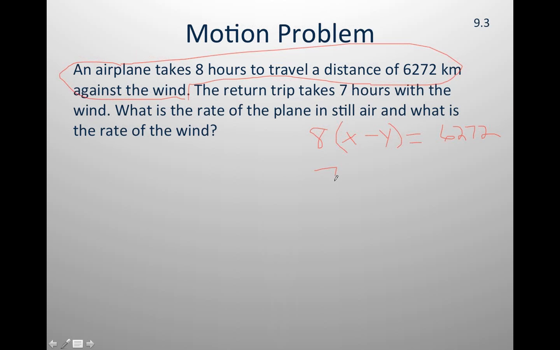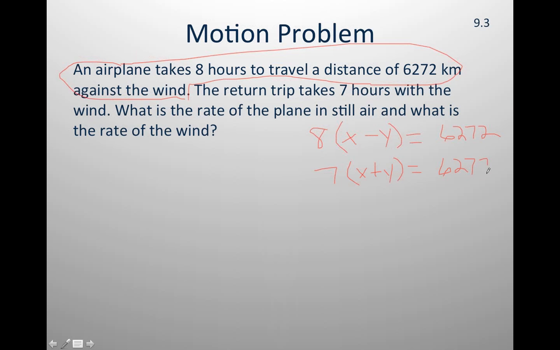And then we've got 7 hours. And then we still got the rate of the plane, but it's with the wind, so we got to add the wind to it. And then that's going to equal 6,272 here.